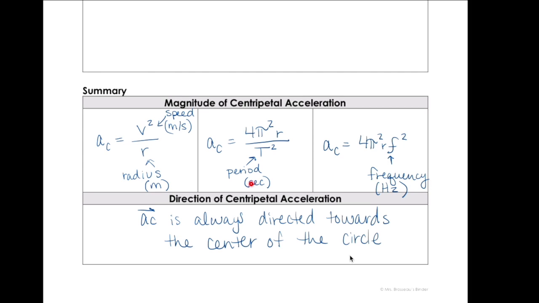For the second, they are centripetal acceleration, radius, and period. And for the last one, it's centripetal acceleration, radius, and frequency. Like I said, you just need to know to use these three equations for solving for the different variables. And also note that centripetal acceleration is always directed towards the center of the circle.